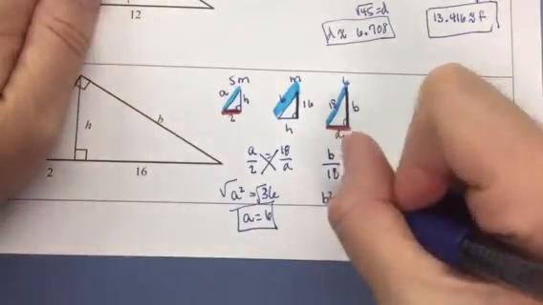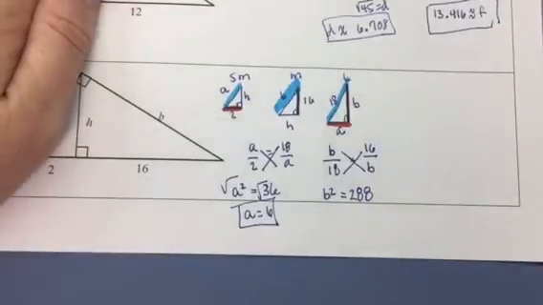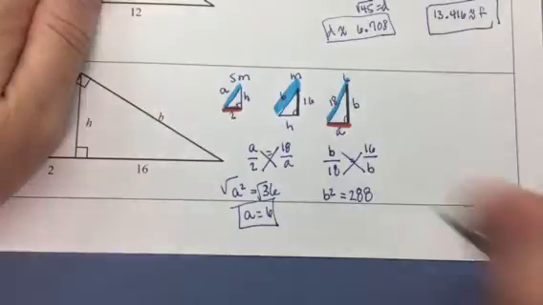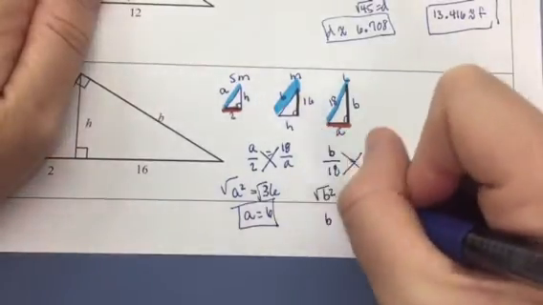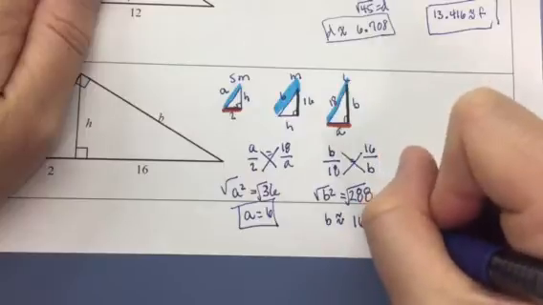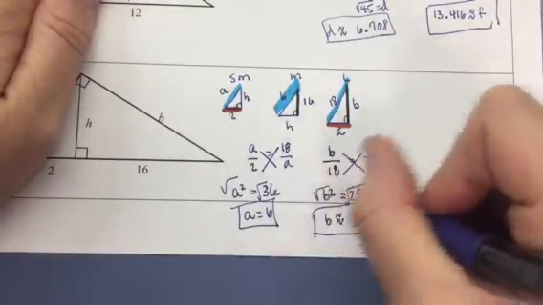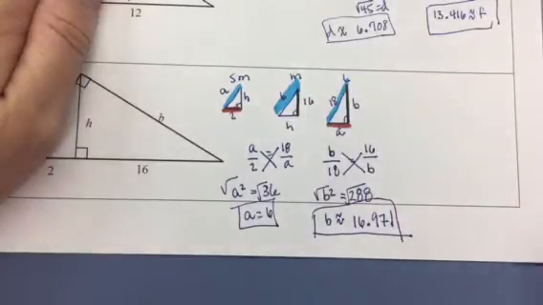Turns out that is 288. I know my calculator is off screen, but I'm definitely using it for these problems. Take the square root of 288 and we get approximately 16.971. So our approximation of B is 16.971.